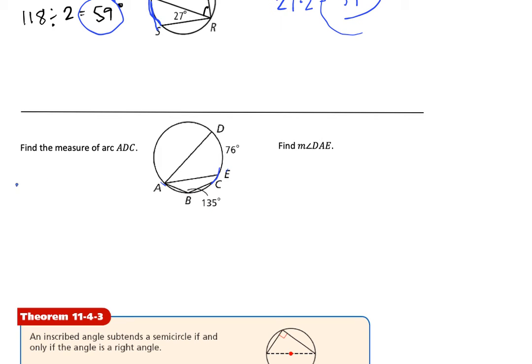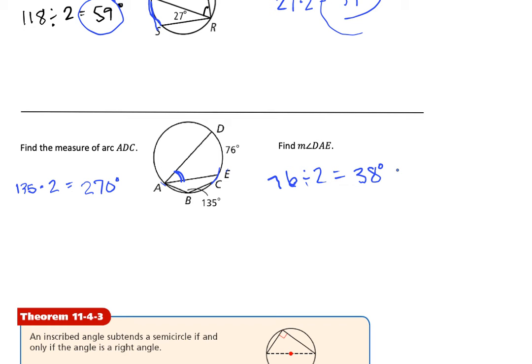So if we double that, we will have the measure of the arc. You should get 270 degrees. And then the measure of angle DAE, that's right here. It's just half of 76. So 76 divided by 2, and we should get 38 degrees.